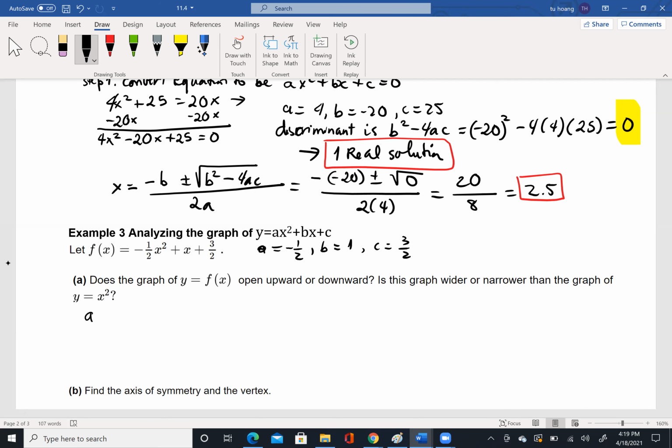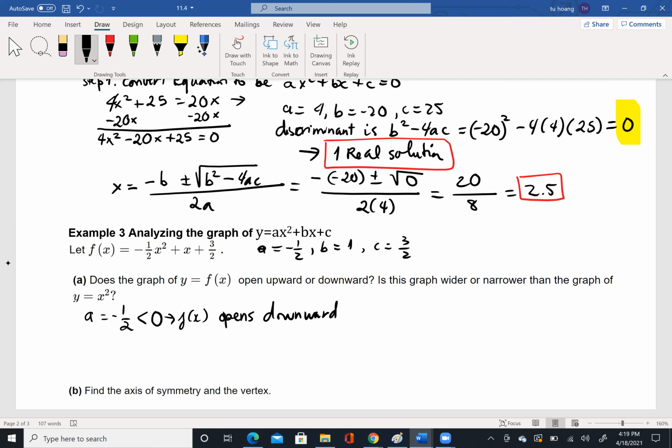Seeing a equal to negative 1/2 is less than 0, so f(x) opens downward.